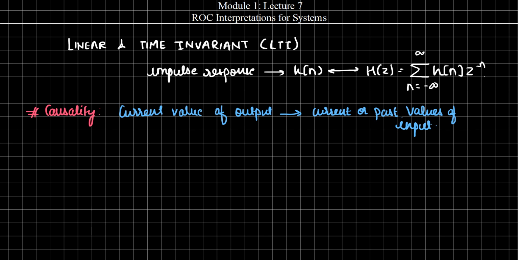And using the impulse response of a system, we can define whether the system is causal or not by using the condition that for a causal system, the impulse response is 0 for all the values of n which are less than 0. By this, what we mean is the h of n, or the impulse response, should be finite for values greater than or equal to 0.